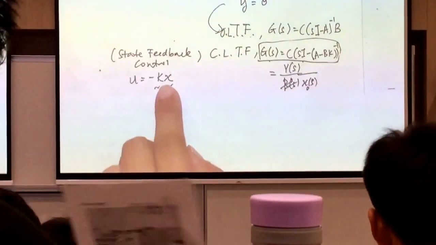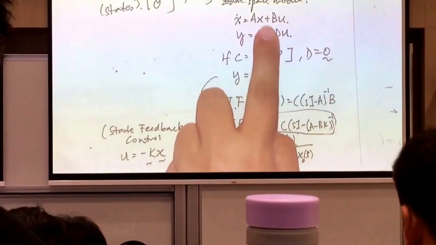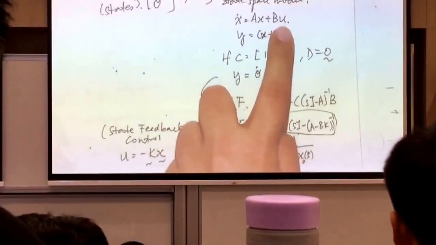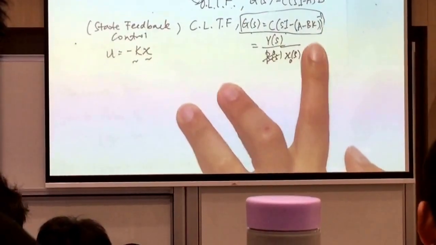So effectively, x dot is Ax minus BKx, and grouping that together, this here is A minus BK.